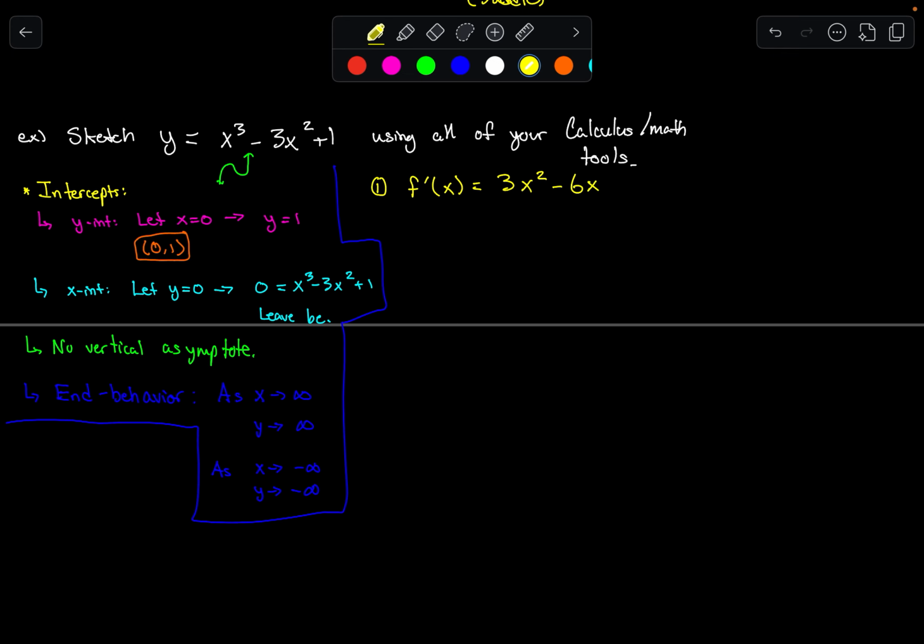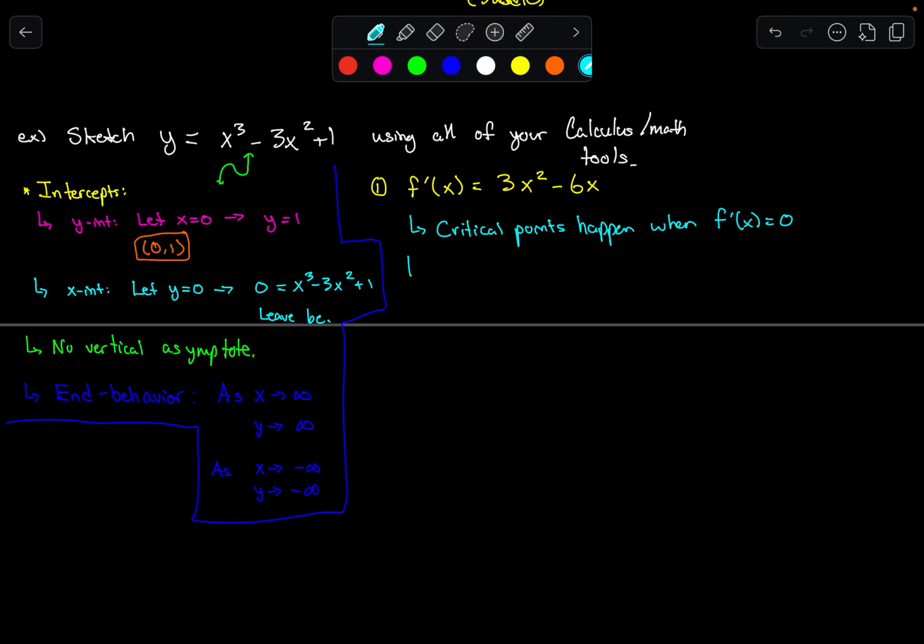Now, some things that we talked about before. Number one, we know that critical points, these potential candidates for maxes and mins, happen when the slope is equal to 0.